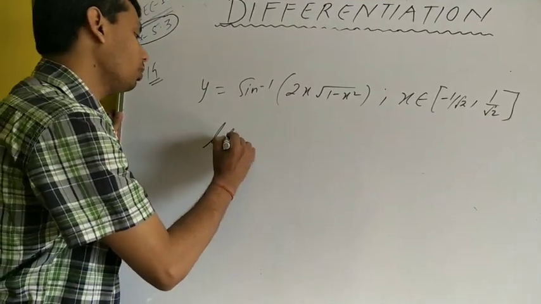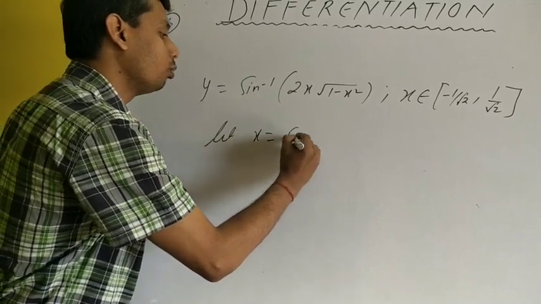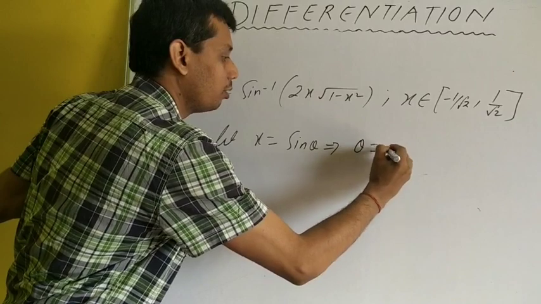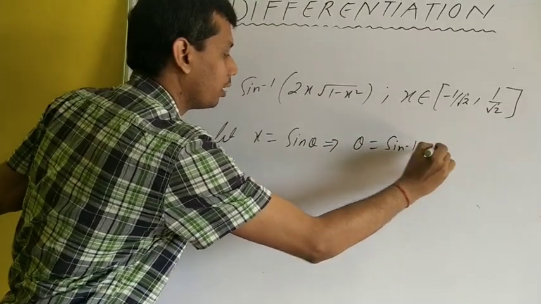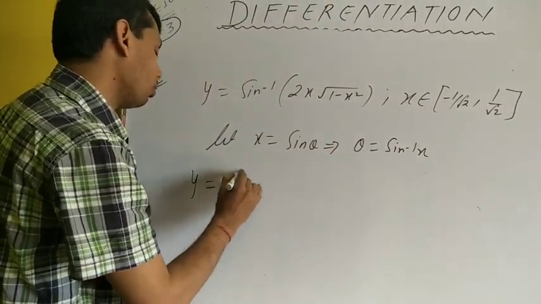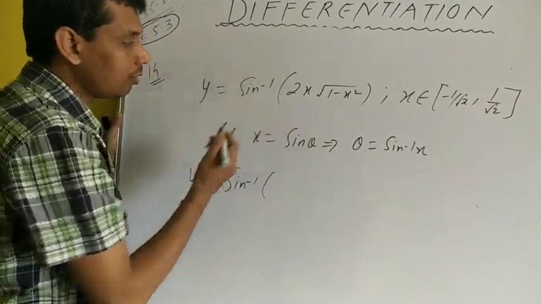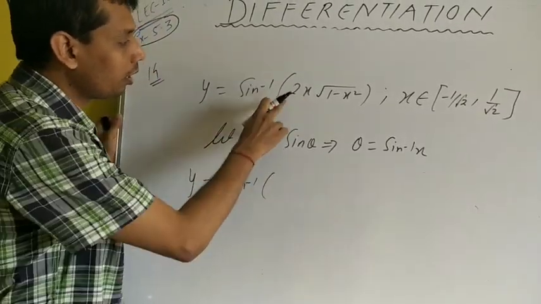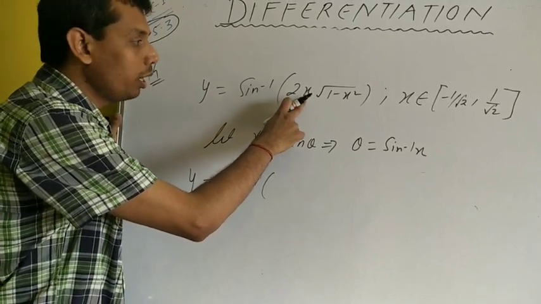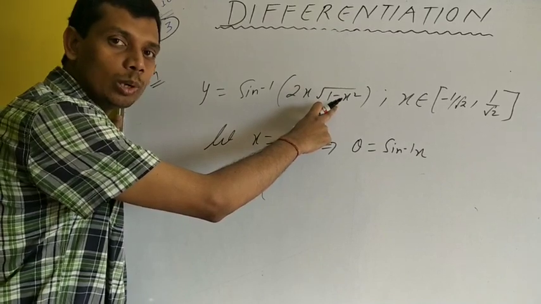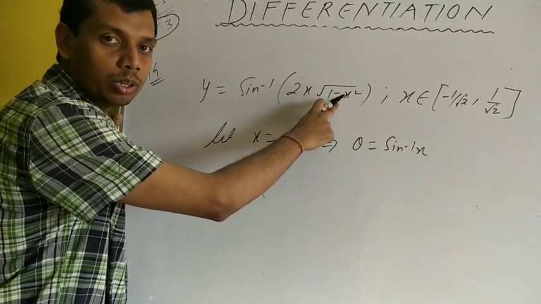If we assume x is equal to sine theta, this implies that theta is equal to sine inverse x. Now if x is replaced by sine theta, we get 2 sine theta, and 1 minus sine square theta is cos square theta, and root over cos square theta is cos theta.